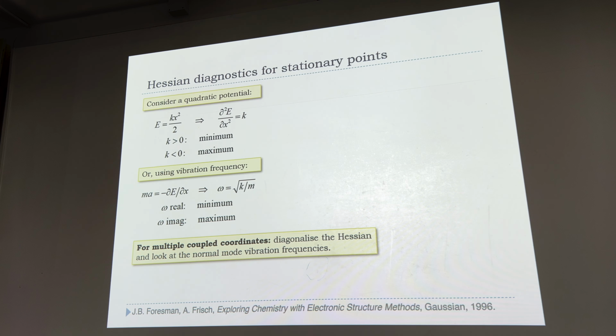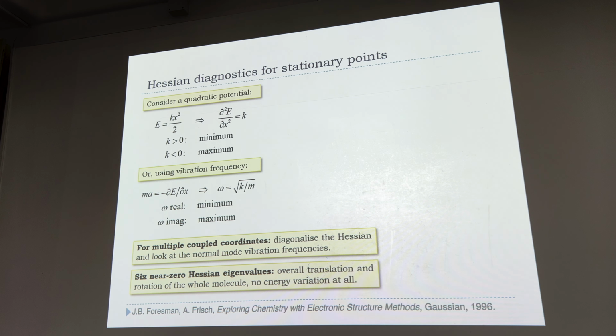That is going to be a matrix because there are second derivatives with respect to all of the coordinates. You may remember from your vibrational spectroscopy, then the diagonalization gets you normal mode vibration frequencies and the directions in which the atoms move when a particular vibrational mode is activated.